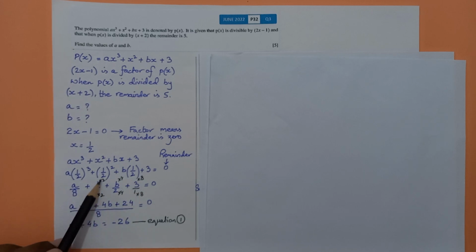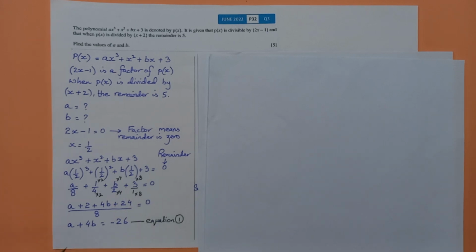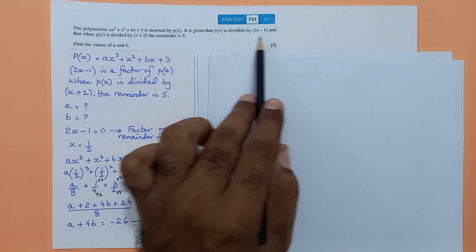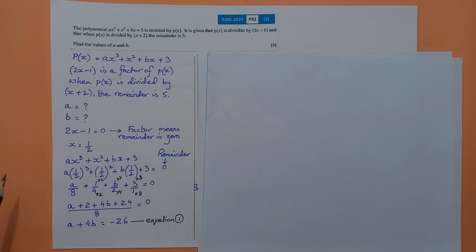Multiplying the top also, and then just cross multiply. After cross multiplication, 8 times 0 is 0. We are left with a and 4b, and plus 2 plus 24 is plus 26, and moving it to the other side of the equal sign would be negative 26. This is our equation 1 in the form of a and b from 2x minus 1, which is a factor.